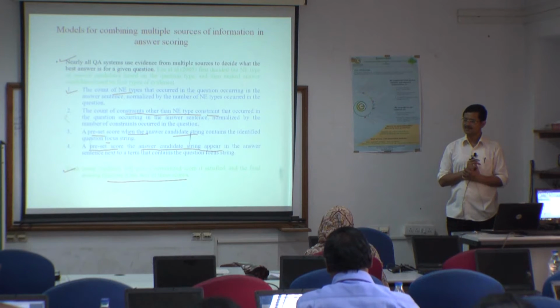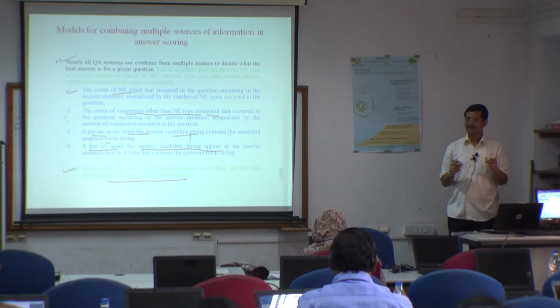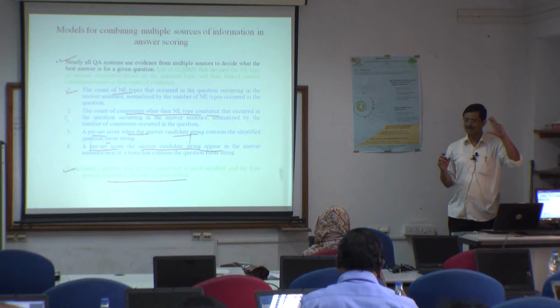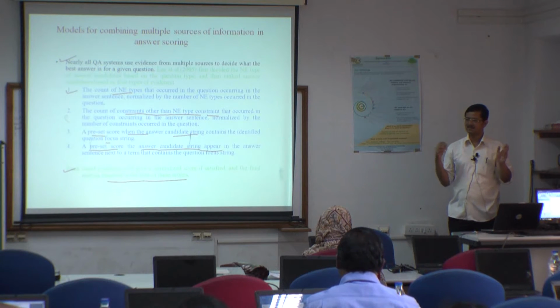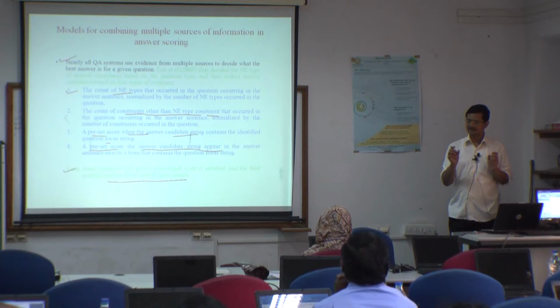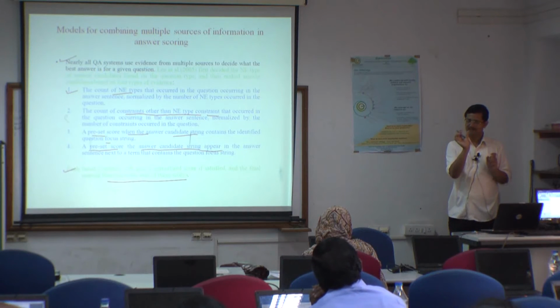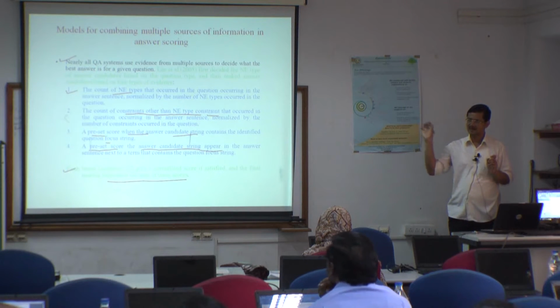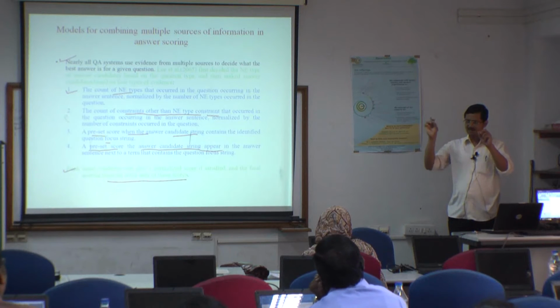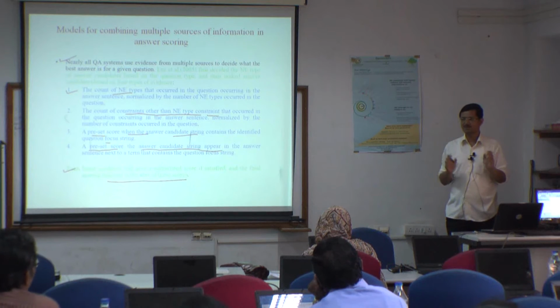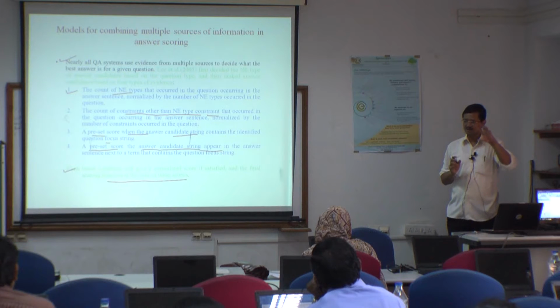Then what do such techniques do? First they take the human annotated answer, meaning the answer developed by a human, and then they check what the named entities and surface patterns in the answer are and what their order is. They use that information to rank.